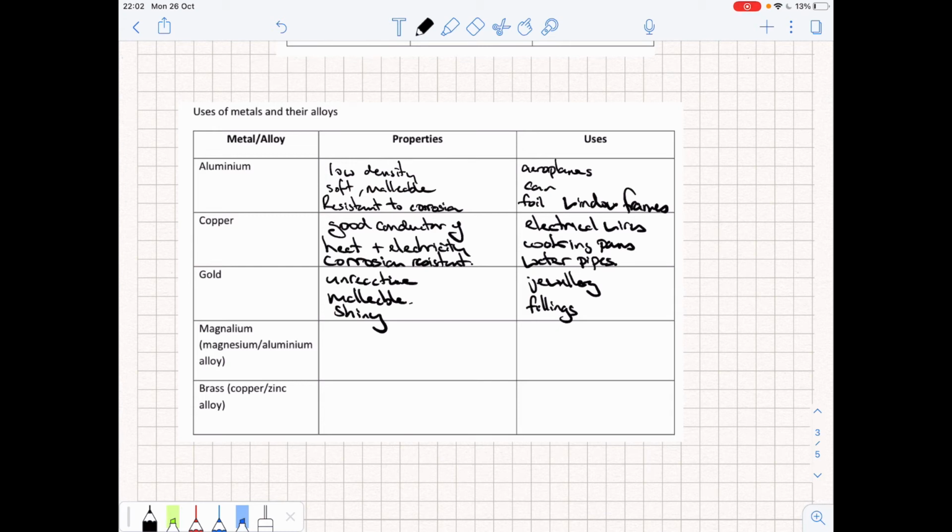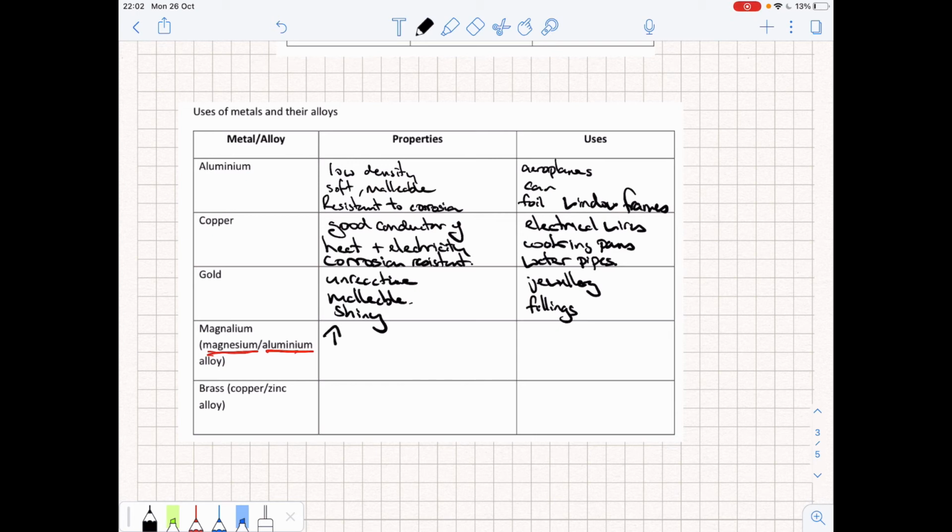Magnalium is an alloy, as you can see here. It's an alloy of magnesium and aluminium. And this is quite interesting because this actually gives it an increased strength, but lowers the density.